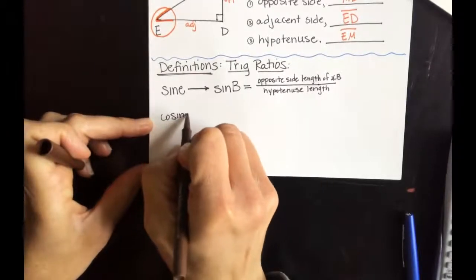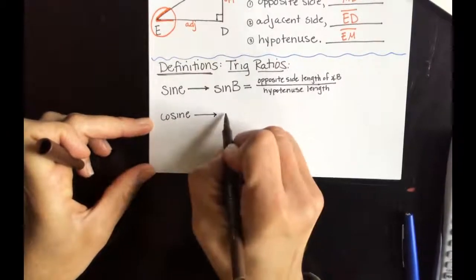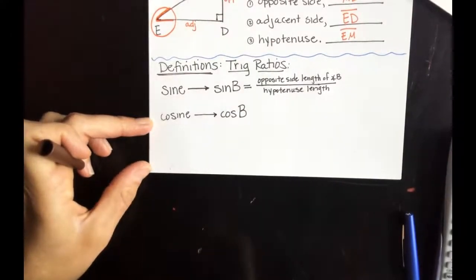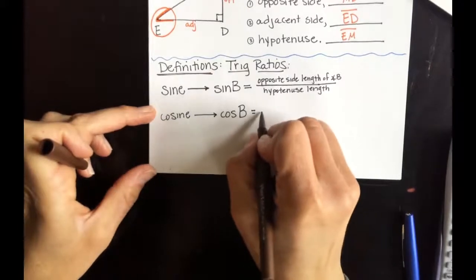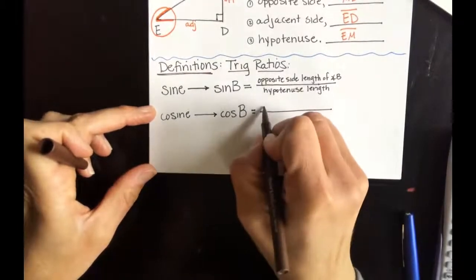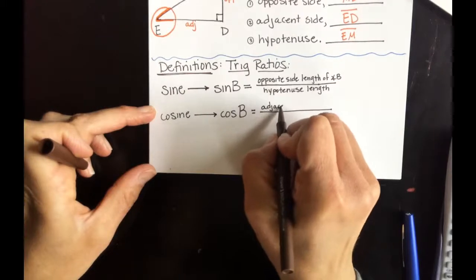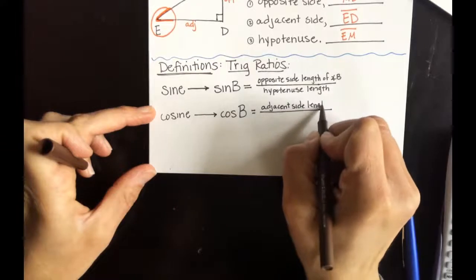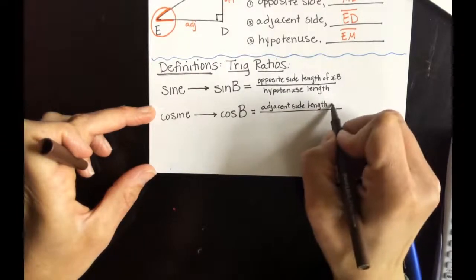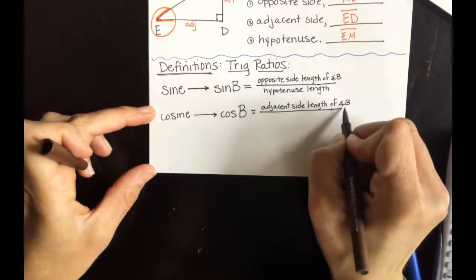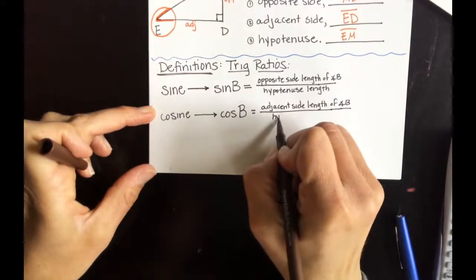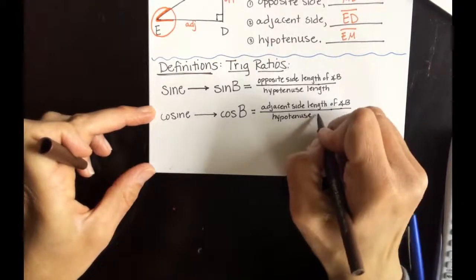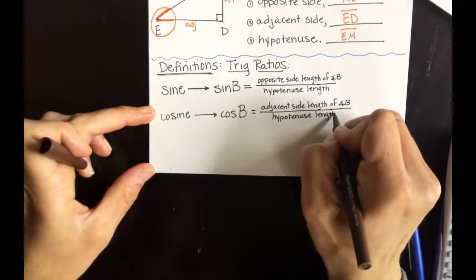Cosine, when we look at our right triangle, will be abbreviated COS. Always next to it is our angle, and then it will have a fraction, the adjacent side length, again, of the angle we're talking about. So in this case, angle B, and it will be divided by or over the hypotenuse length.